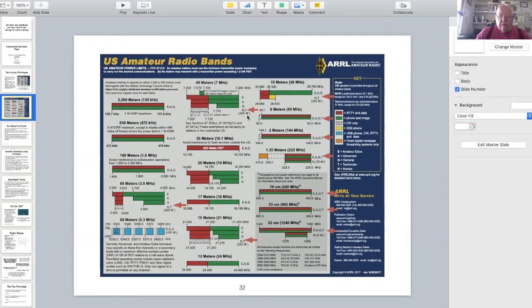Now, North America and South America are in ITU Region 2, so for us this line has no particular importance. However, if we were in Guam or some of the other territories of the United States outside of North and South America, then this would be applicable.